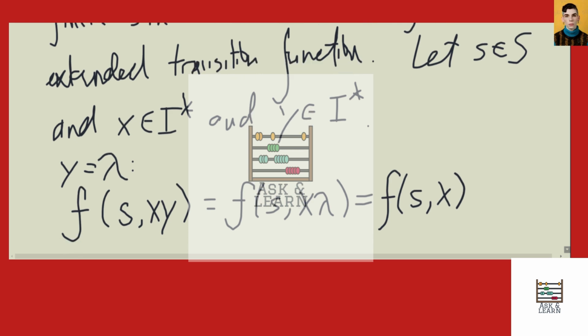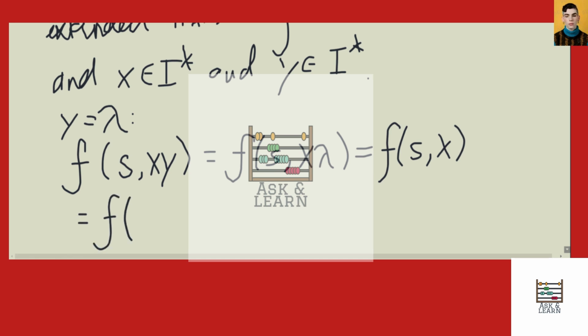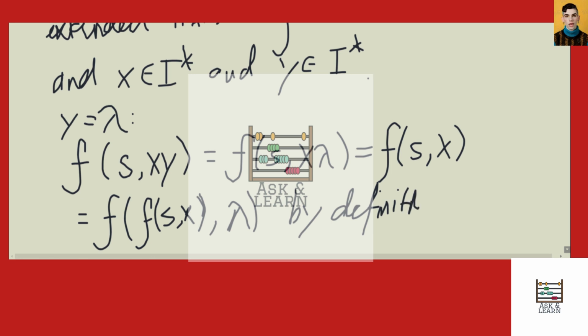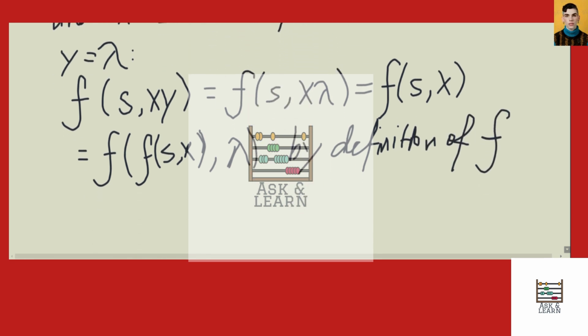And this is going to be equal to f̂(f̂(s, x), λ), because by the definition of an extended transition function, f̂(s, λ) equals s. And therefore this is equal to f̂(f̂(s, x), y). So we've shown the statement is true in the case where y is the empty string.